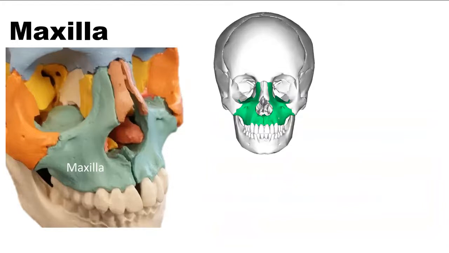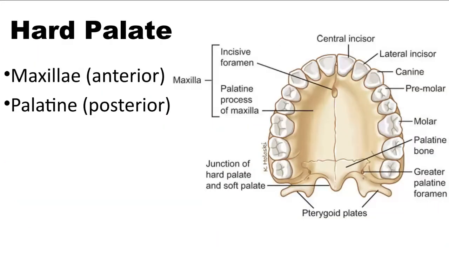This is the maxilla. The maxilla forms our upper gums and helps to form some of our nasal cavity. The maxilla also helps to form our hard palate or roof of the mouth.